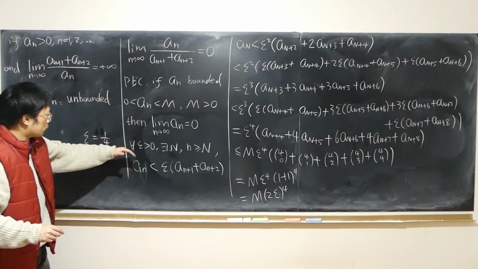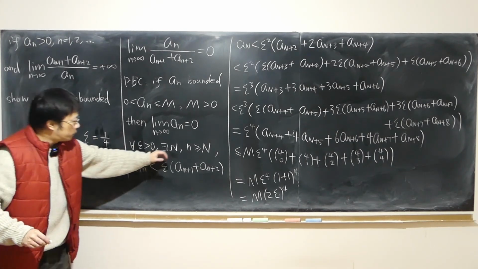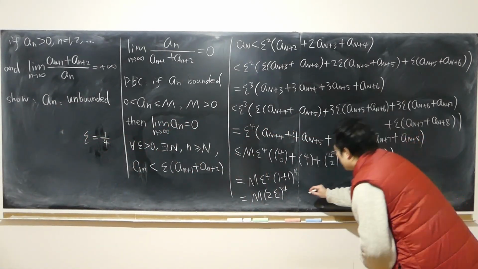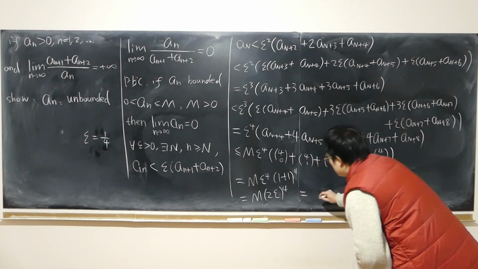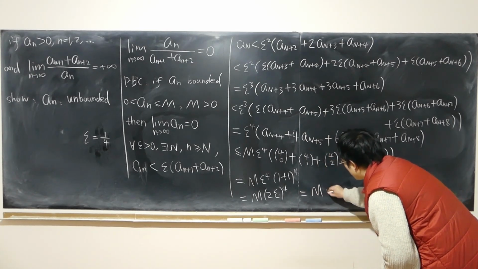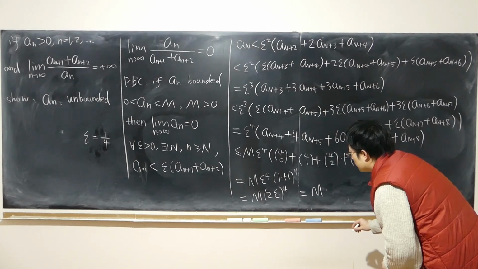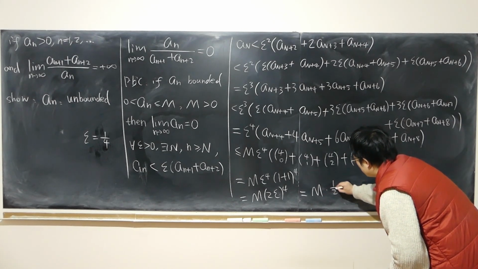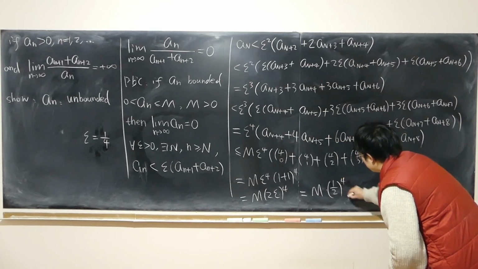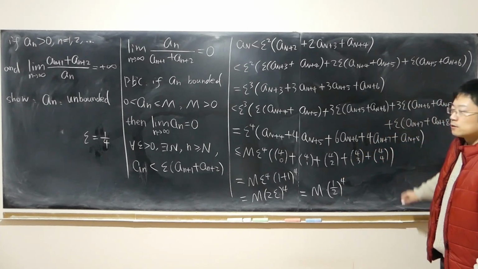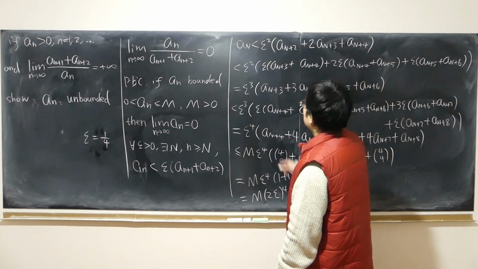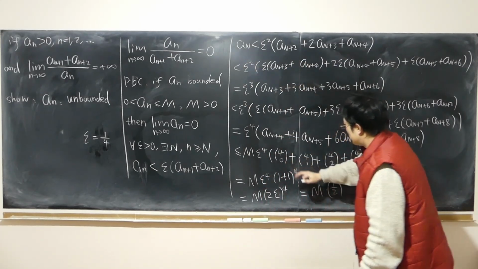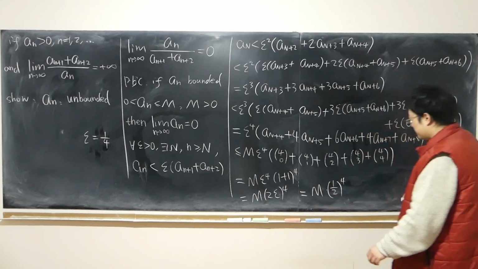It has something to do with 1 over 4, but it's a fixed capital N. So m times (2 times epsilon), which is half, to the power of 4. So I've loosened a_N: less than this, less than that, less than this, less than this.